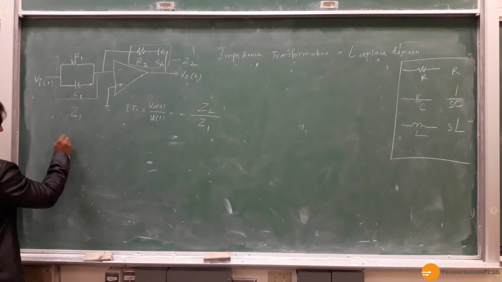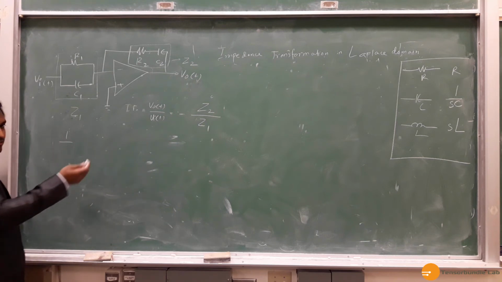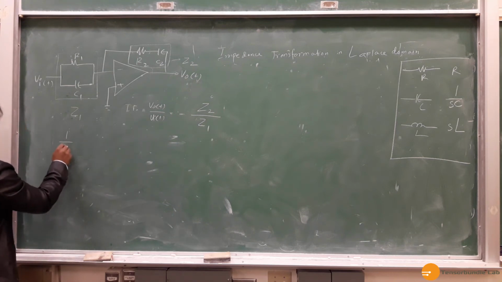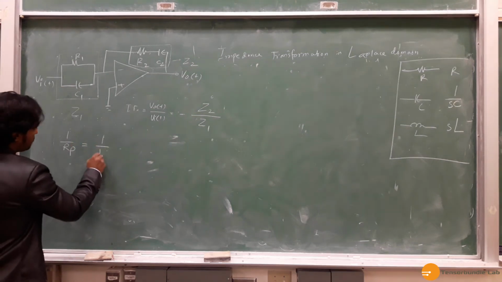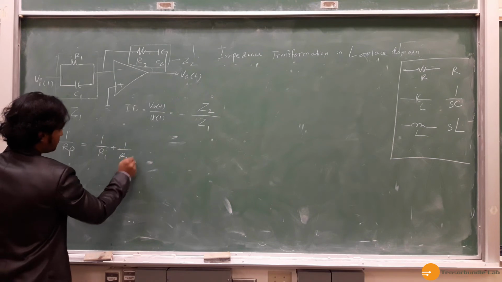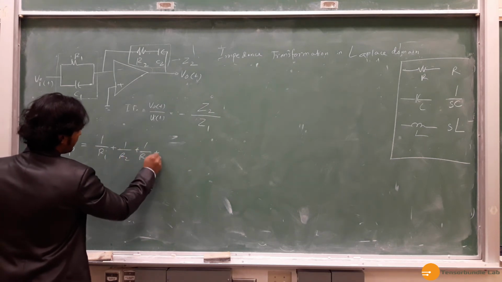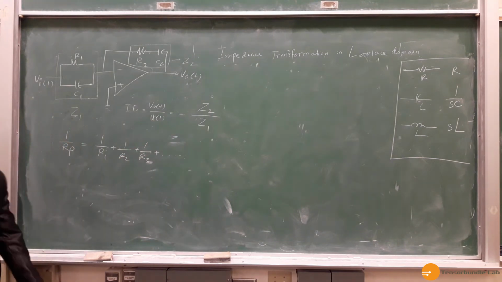Now, if you remember, if we have multiple parallel components, let's say resistors, then the equivalent parallel resistance is 1 over Rp equals 1 over R1 plus 1 over R2 plus 1 over R3, and so on. Alright?